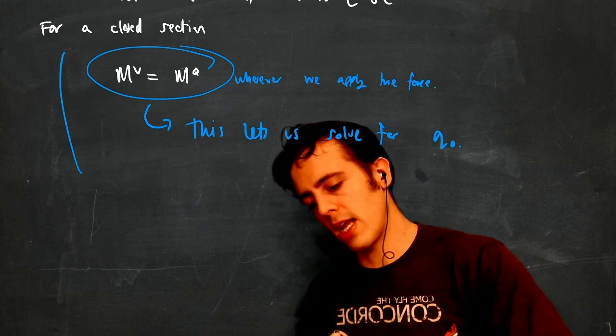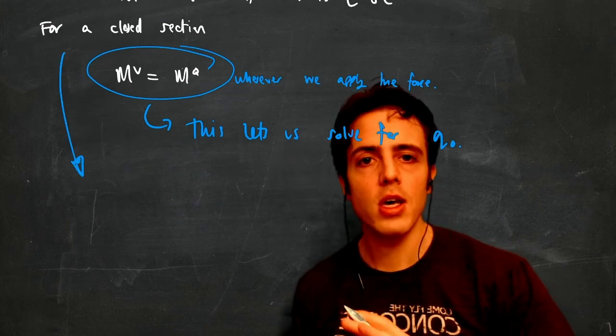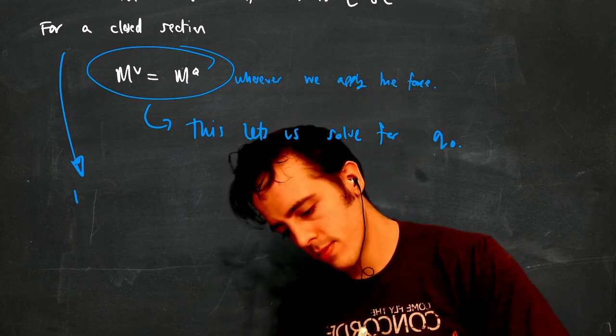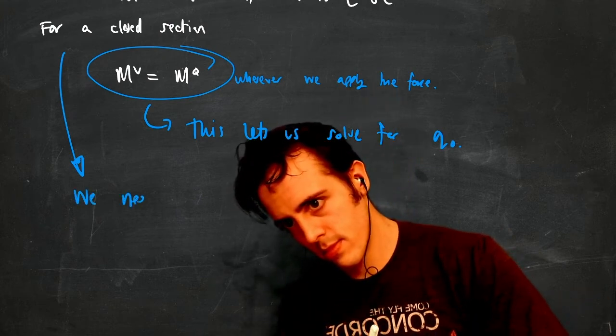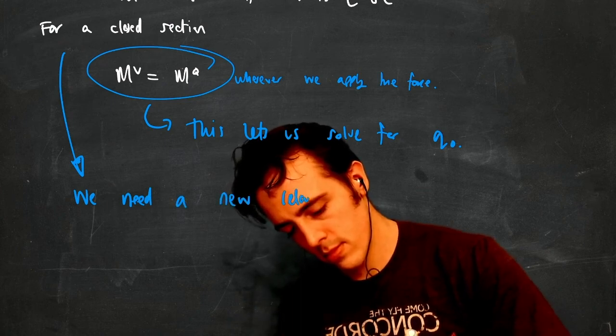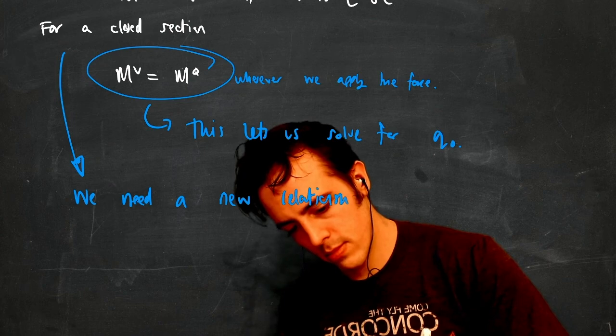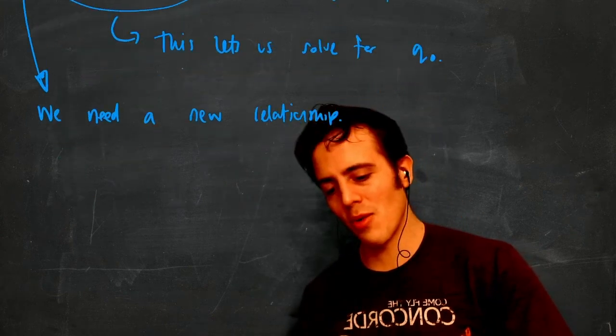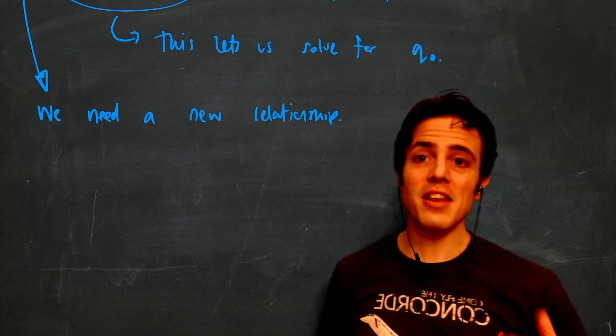We need to introduce something else. And the way that we're going to introduce this is we're going to look at the equation that determines twist for us. So we need a new relationship. Those normally aren't words you want to hear, but we need a new relationship.